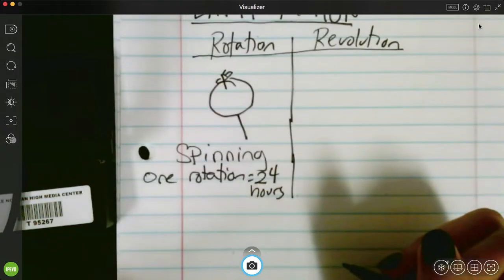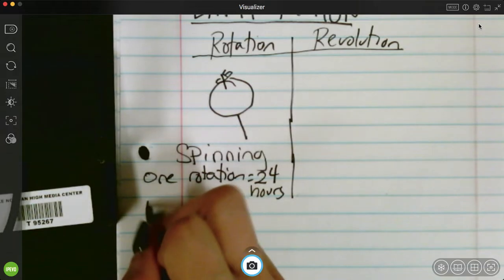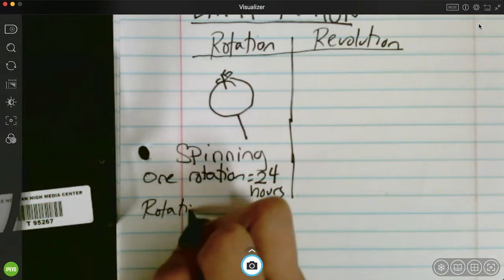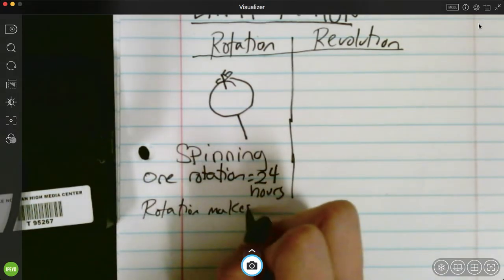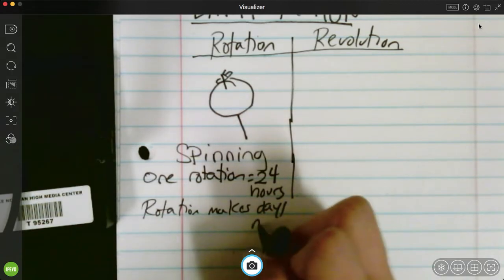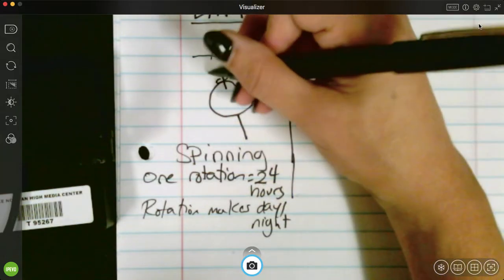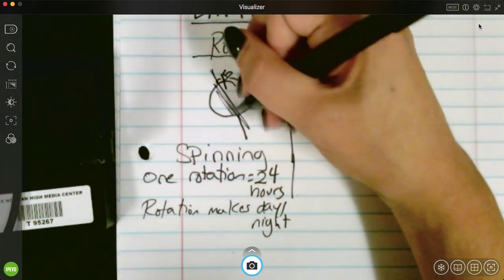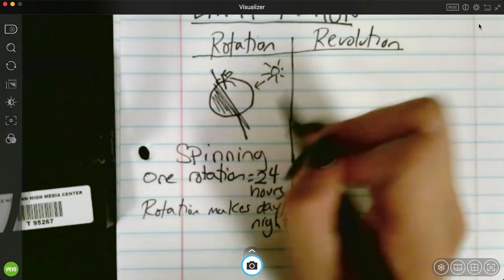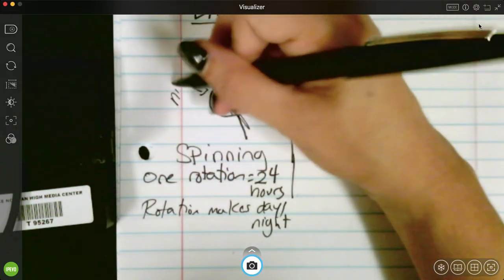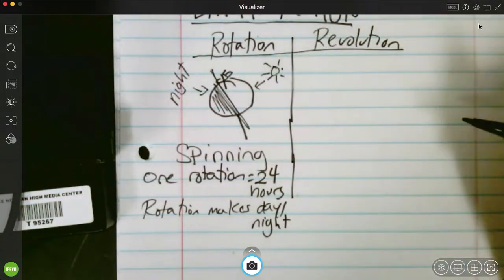And because one rotation is 24 hours, rotation makes day and night. Like let's put the sun over here. It's going to be sunlight. It's going to be daytime on this side and nighttime on this side when you're facing away.